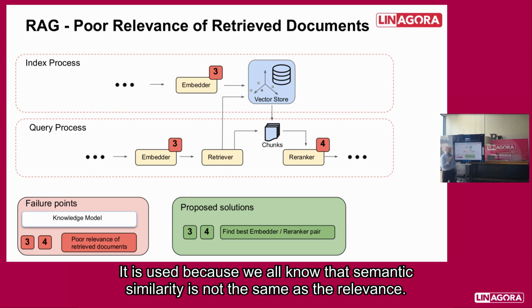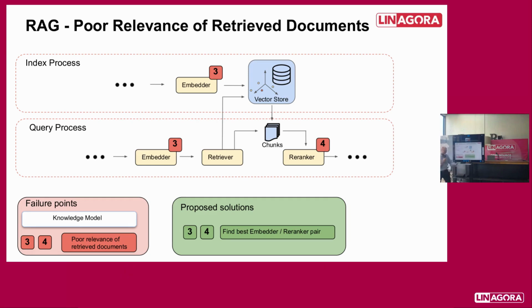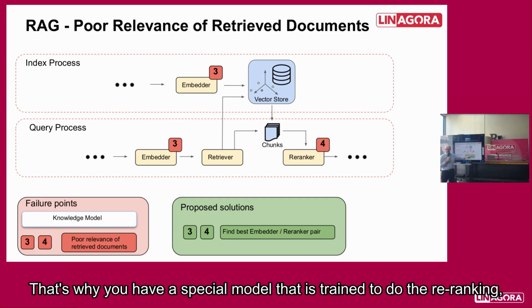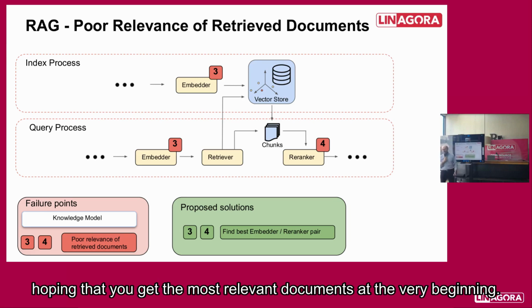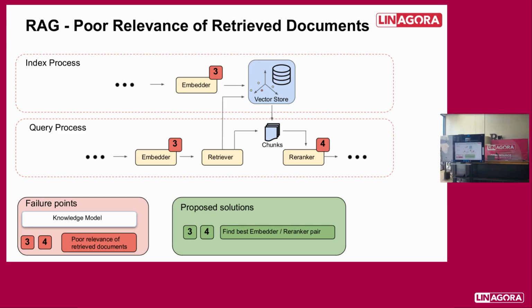It is used because we all know that semantic similarity is not the same as relevance. That's why you have a special model that is trained to do the re-ranking, hoping that you get the most relevant documents at the very beginning.